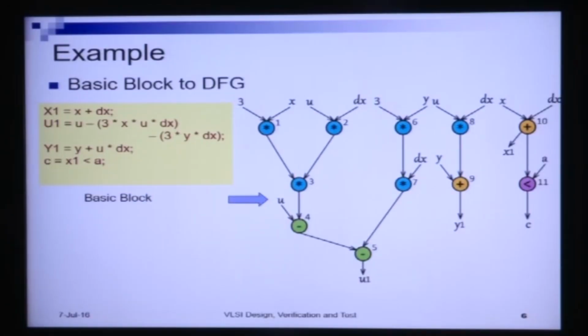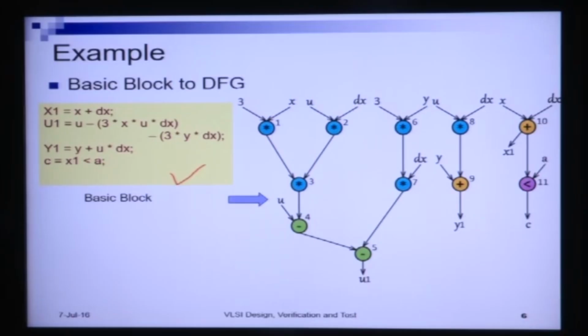So before going into the scheduling problem, we will take a general example. This running example we will be using throughout the topic of scheduling that we will be dealing with. So on the left of the screen we have a basic block.